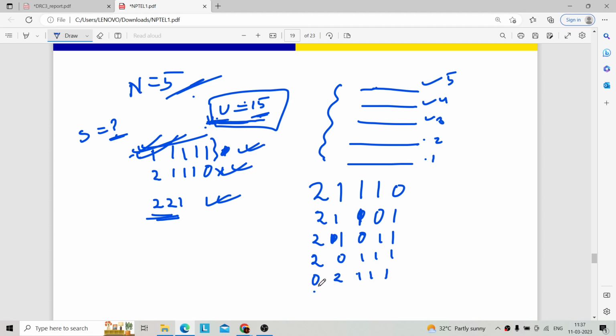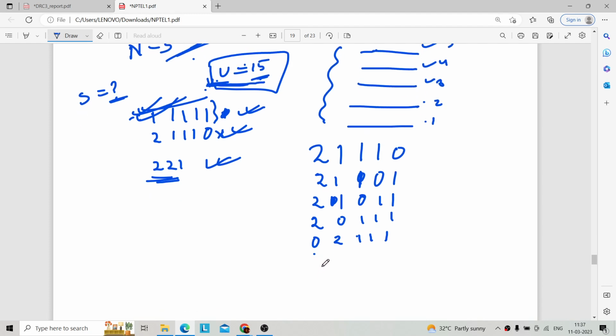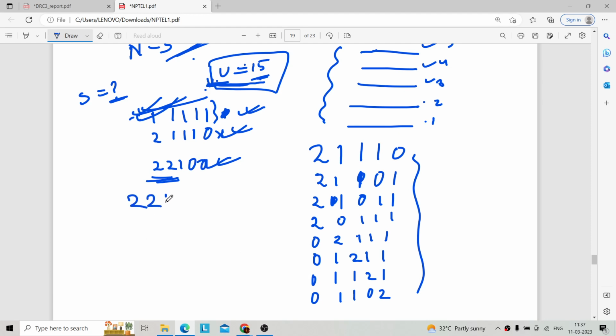Now I can play with the two. I can put this as two, one, one, one, one, two, one, zero, one, one, zero, two. These are all the possible ways I can arrange two, one, one, one. Similarly, you have this configuration two, two, one, zero, zero.